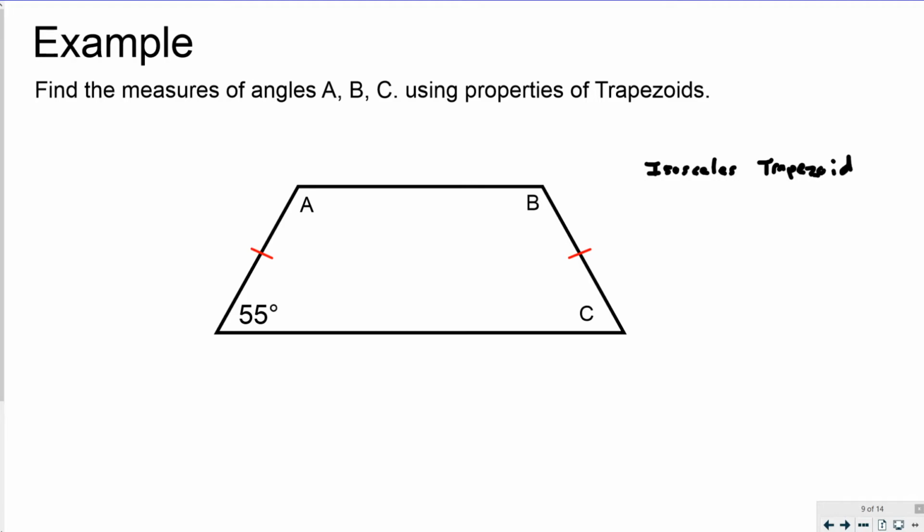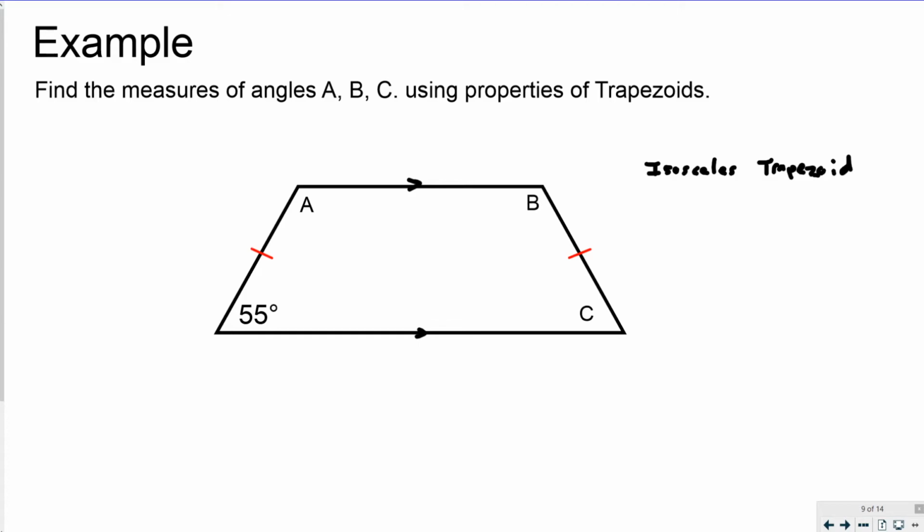So those two marks mean the legs are congruent, since this is the base up here and this is a base down here. Those are the two parallel sides. I can use all the properties that were listed here, each and every single one of them. The diagonals being congruent, I can use that the base angles are congruent, and I can use that the two angles add up to 180, that they are supplementary.